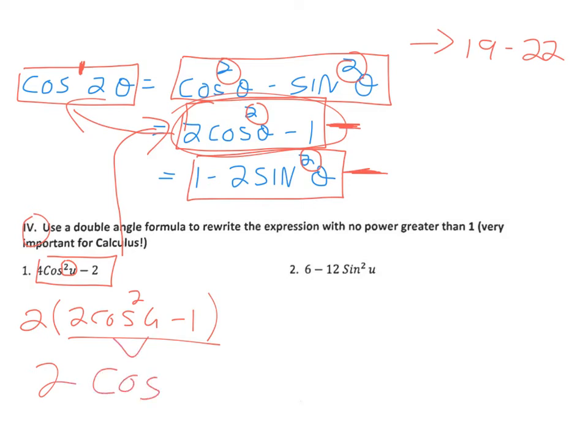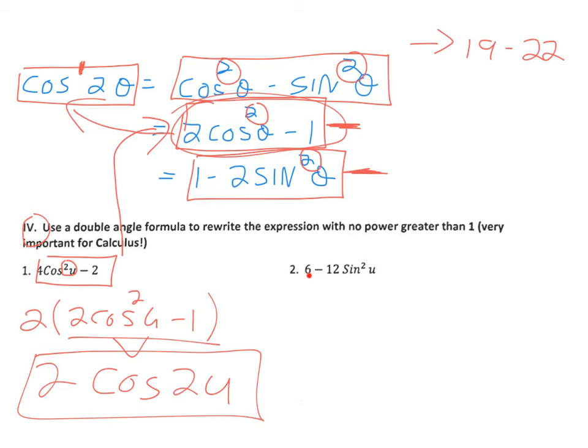Now, in this case, it uses u, not theta, so it's cosine of 2u. So I accomplished my whole goal, where now I no longer have this exponent of 2. It goes away. So I'm kind of going backwards: I start with the formula, and I go back to this right here.